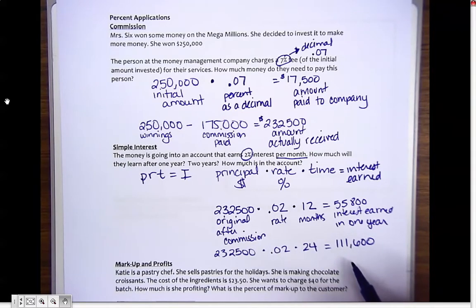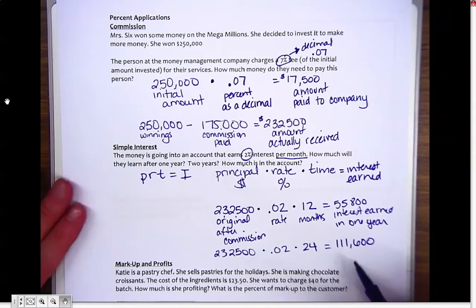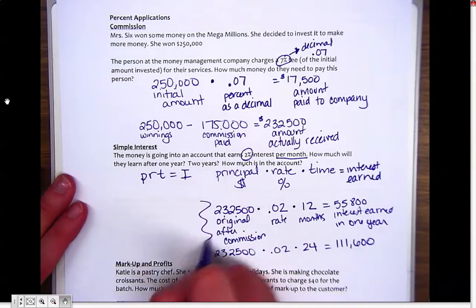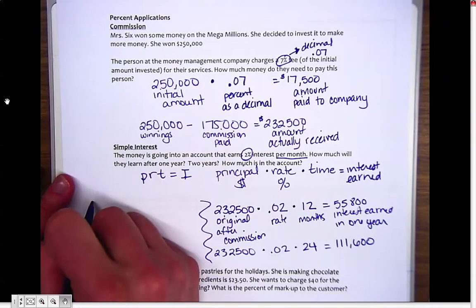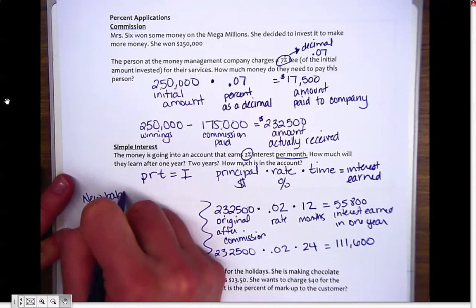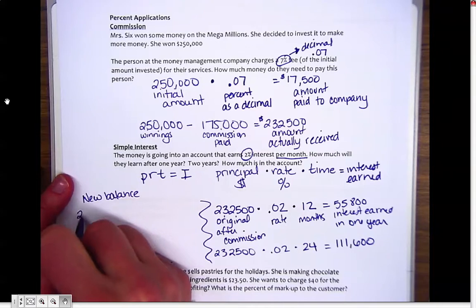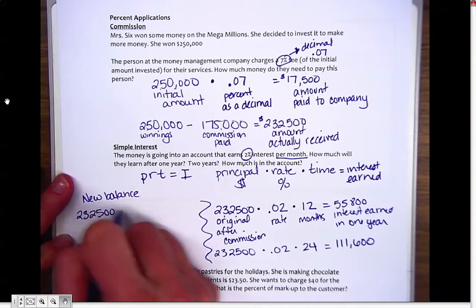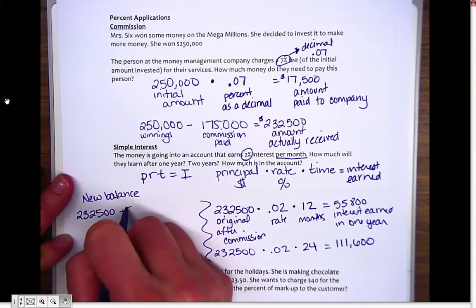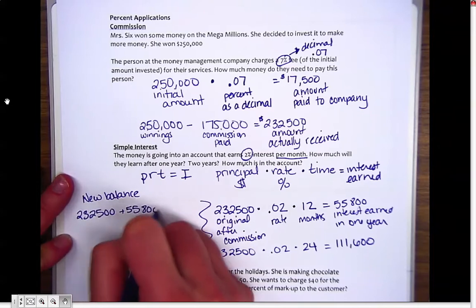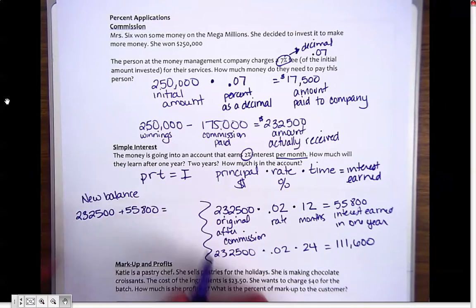Now, I need to figure out how much money that means I have. So we'll call this area over here the new balance. So we take our original amount, 232,500, and we're going to add the 55,800 that we just earned.